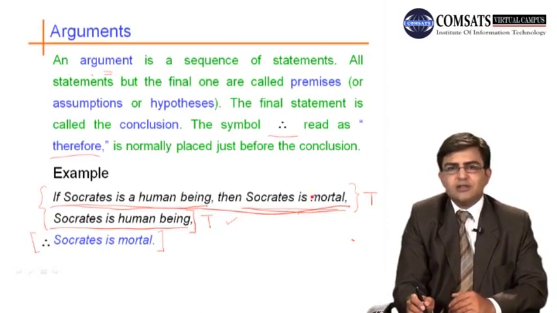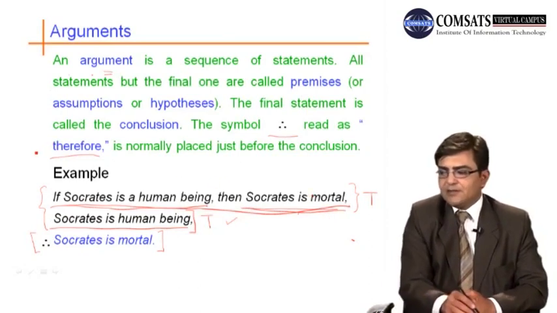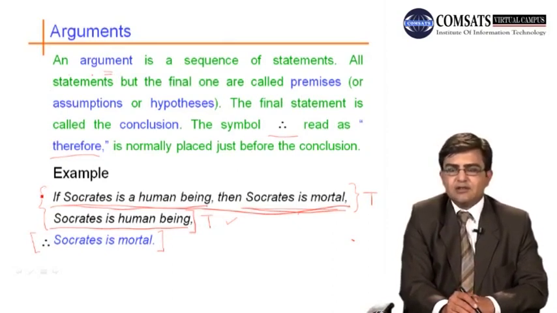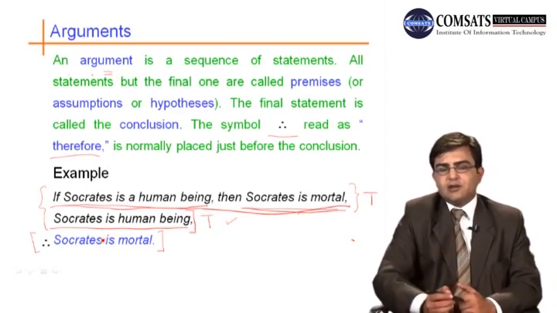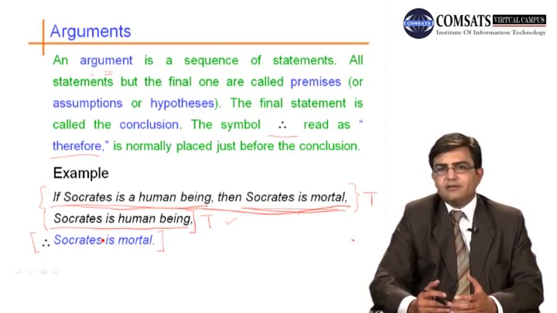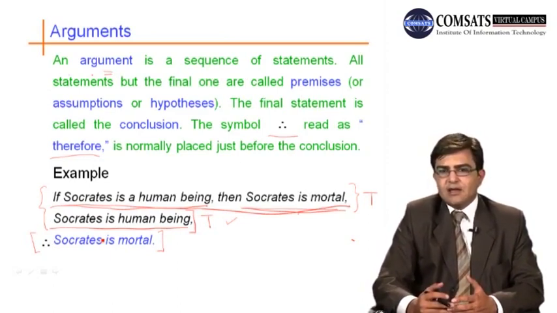So we draw a conclusion from the first two statements, or premises, which we also call hypotheses or assumptions. On the basis of these assumptions or hypotheses, we draw a conclusion: therefore Socrates is mortal.